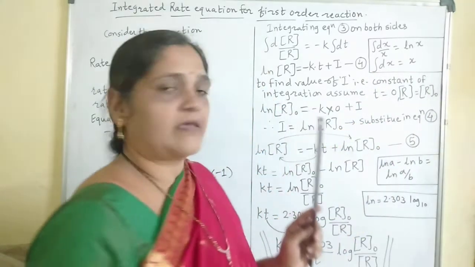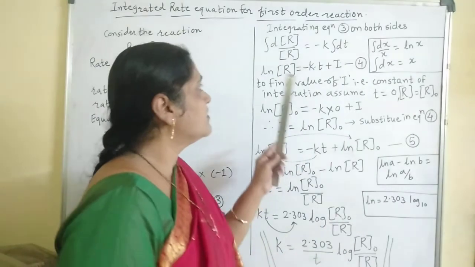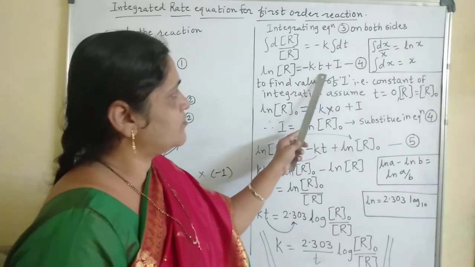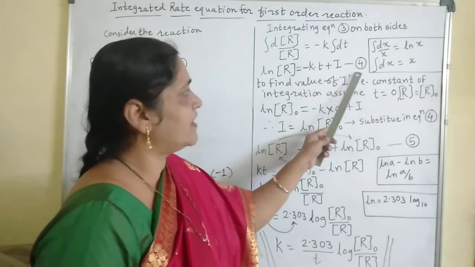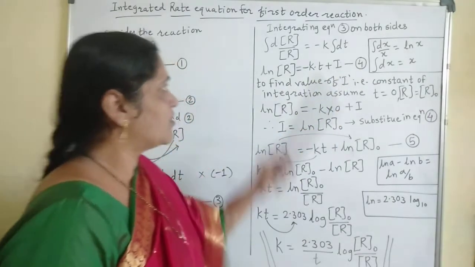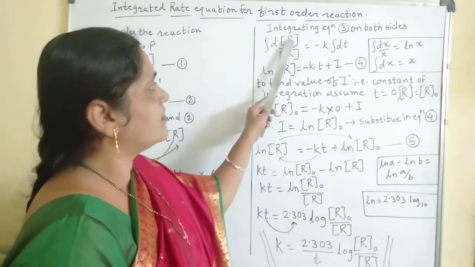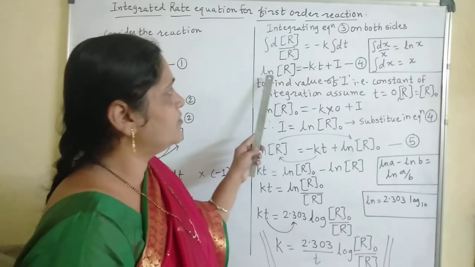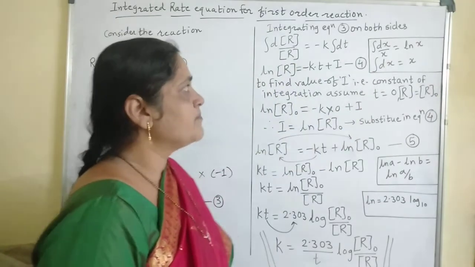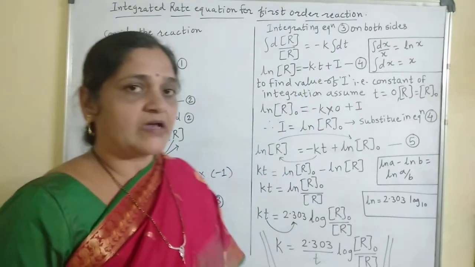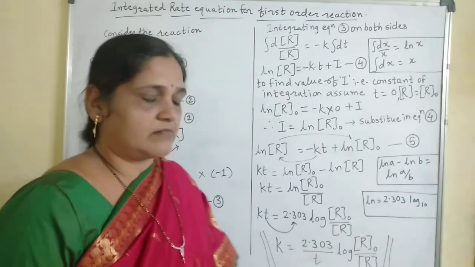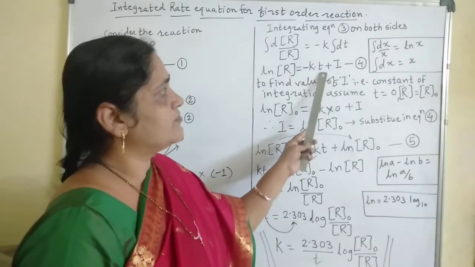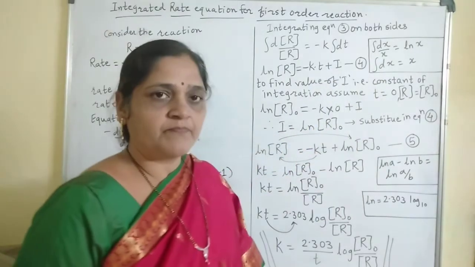So ln [R] is equal to minus k into t plus I. The integration of d[R] upon [R] gives ln [R], and k is a constant so it is not included in the integration. Integration of dt gives t according to the formula.